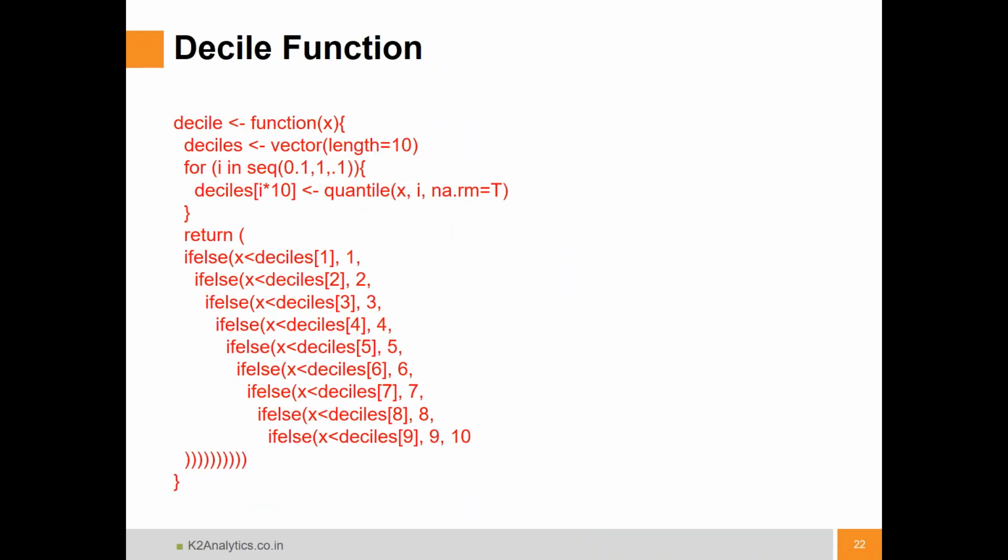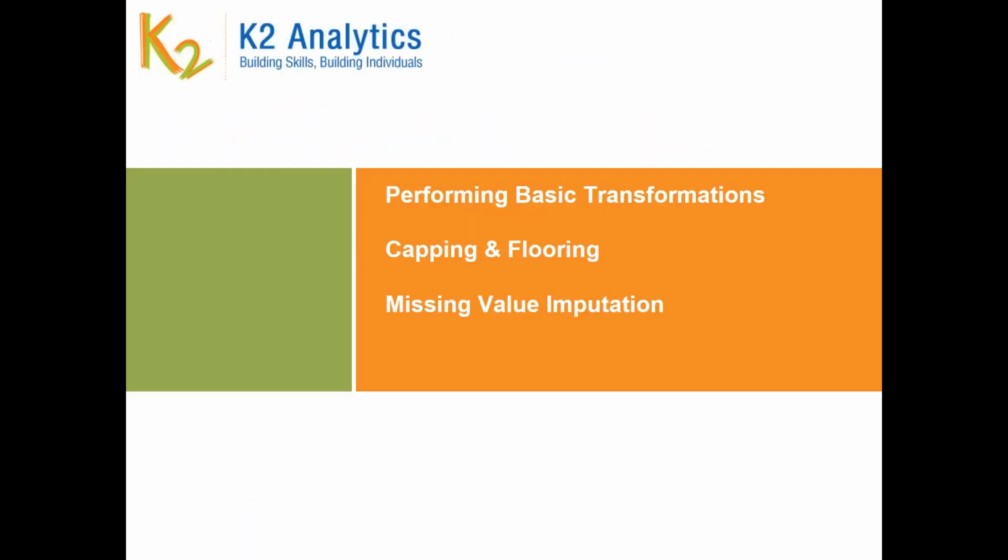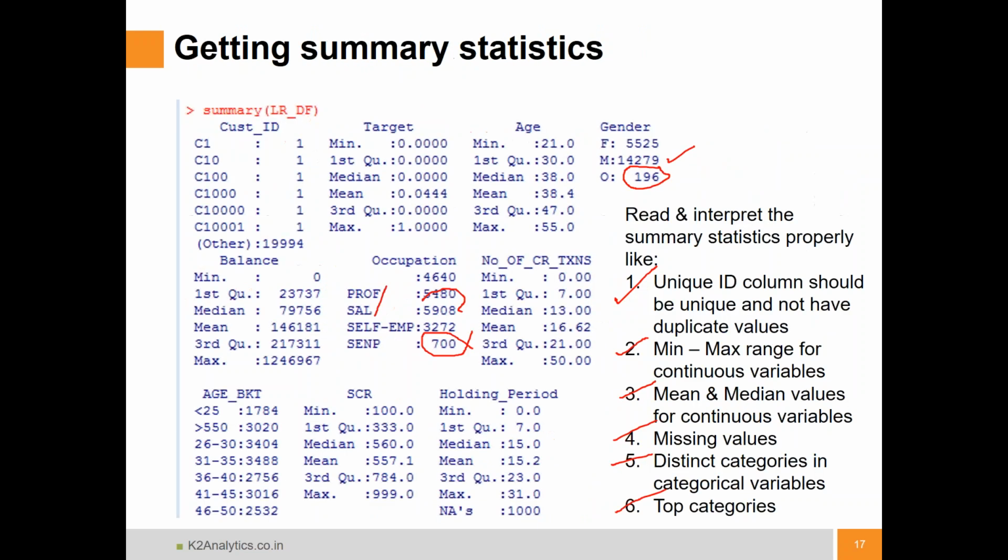Second important thing when building predictive models is missing value imputation. Here in this summary we saw that holding period has missing values. Now there are multiple ways of imputing missing values.